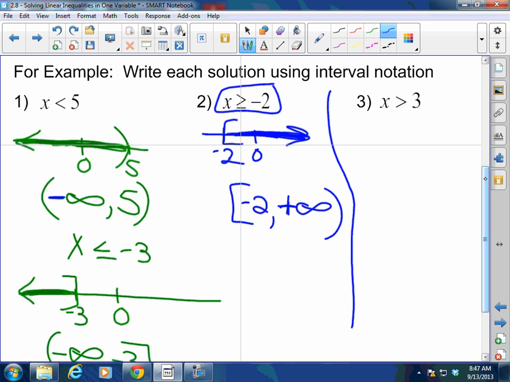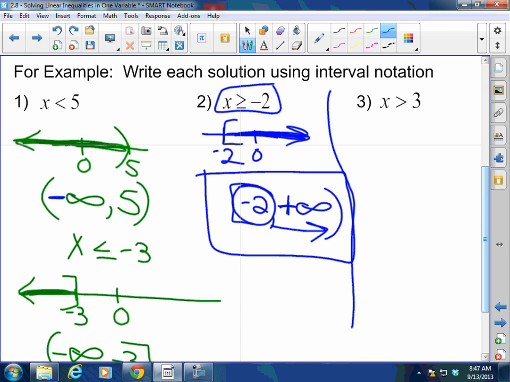X is greater than or equal to negative 2 is read right here. The values that are valid for this solution are equal to negative 2 and anything greater than that. So it goes from negative 2 to positive infinity. All of those are solutions. Do you see how the graph matches up with the interval, and the solution matches up with the graph? Does that make sense?